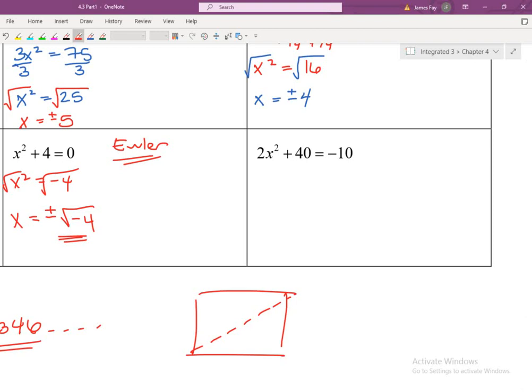Does anybody know what that distance is? If this is, say, 3 and that's 3, does anybody know what that distance is? We talked about it in geometry. It's n radical 2, and n is 3, so that distance is 3 radical 2. The Greeks couldn't do that because they didn't have square roots. They didn't have radicals.